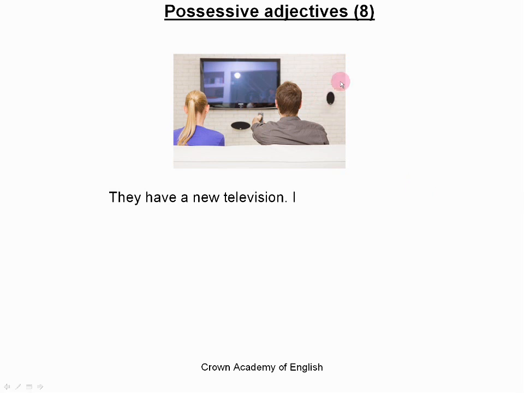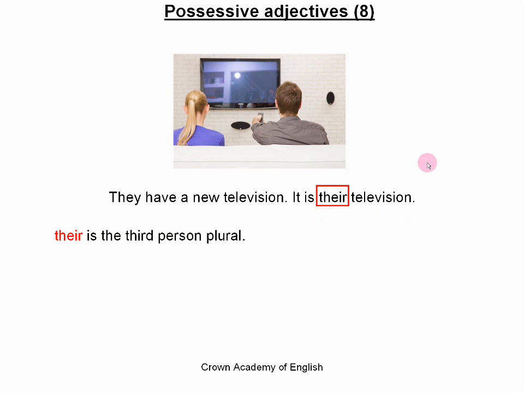And the last possessive adjective, they have a new television. It is their television. Their television. Their is the third person plural. They own the television. The television belongs to them. It is their television.